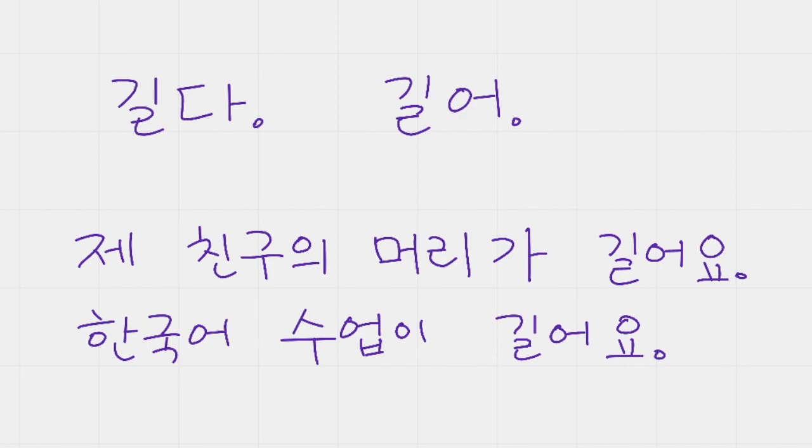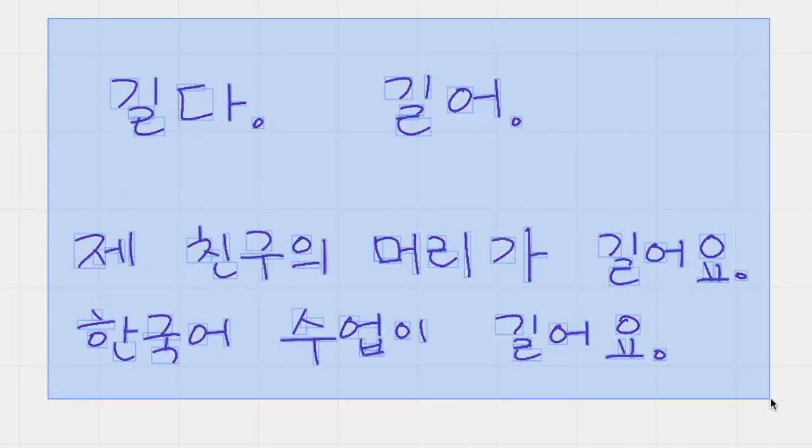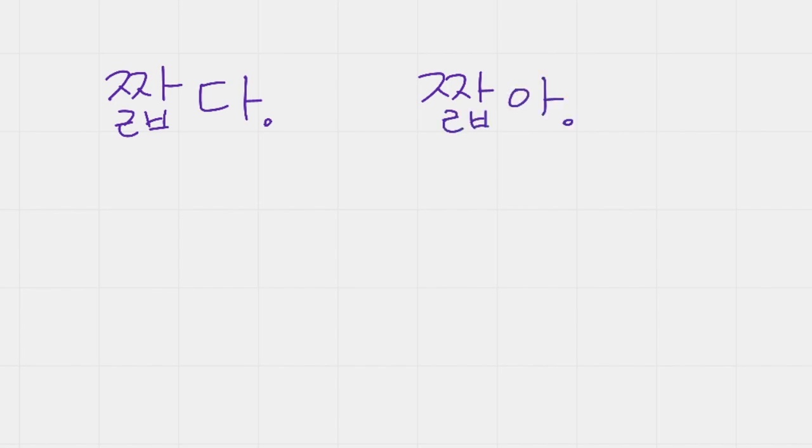Alright, next adjective. Let's do to be short. Opposite. It'll be 짧다. 짧, ㄹ, ㅂ, double final consonant. 짧다. Basic, 짧아. So ㅂ sound shifts to next syllable, therefore 짧아. When you say in basic form. 짧다, 짧아.